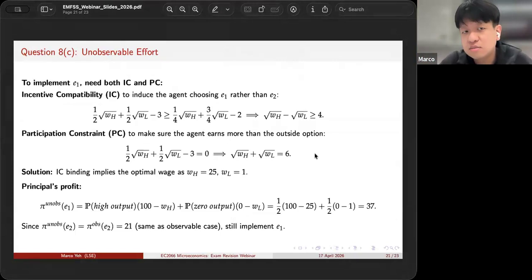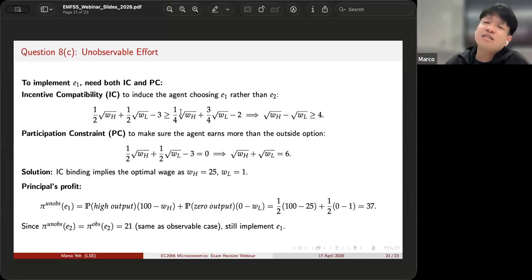The only difference, but actually a big difference, is that the problem the principal is facing is about the incentive compatibility constraint. If the effort level is unobservable, then we need this incentive compatibility constraint introduced into the maximization problem for the principal. Why?